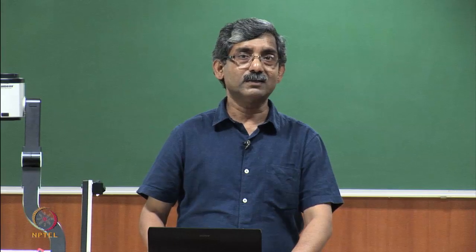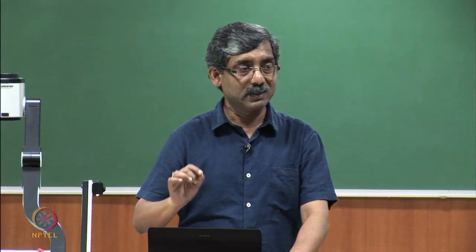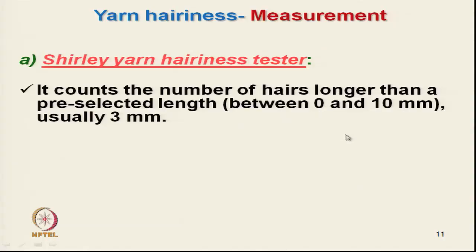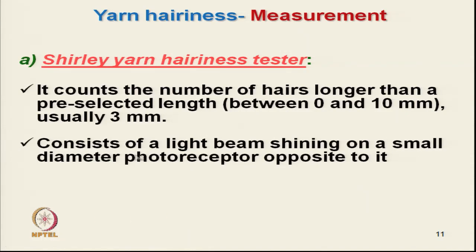Another one is a variable which varies from 0 millimeter to, say, a maximum of 10 millimeter, and it counts the number of hairs. It consists of a light beam shining on a small diameter photoreceptor opposite to it.